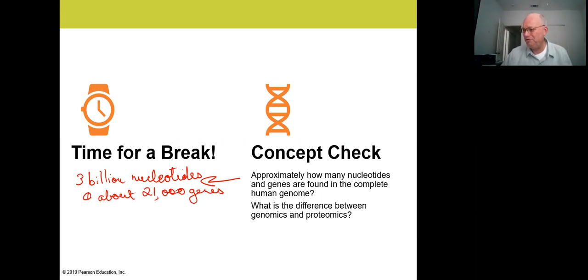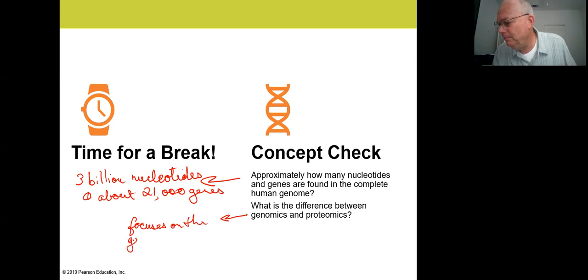What is the difference between genomics and proteomics? So genomics, we just talked about this, genomics focuses on the genome and the functions of the genes as a system.